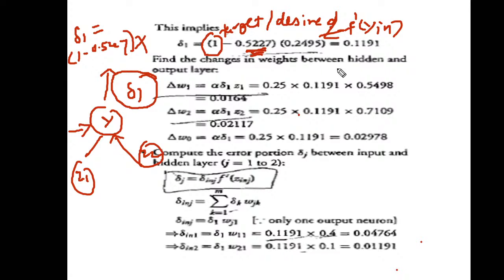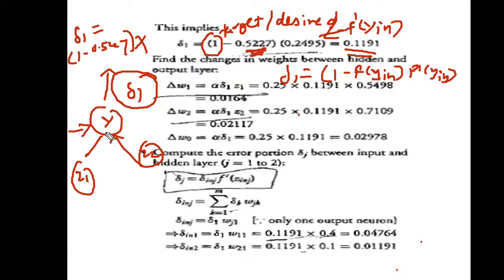The formula is like this: delta 1 is (1 minus f of y in) into f dash of y in. So delta 1 is calculated as 0.1191. Now due to this delta 1, there will be changes in the weights because error is there.